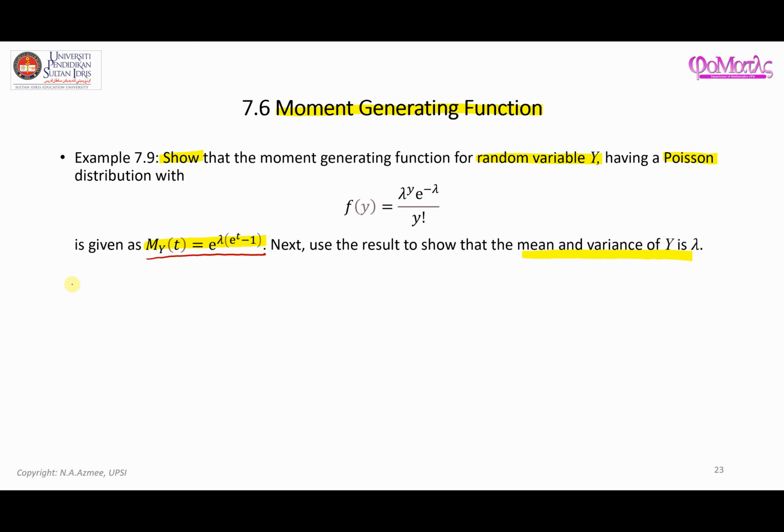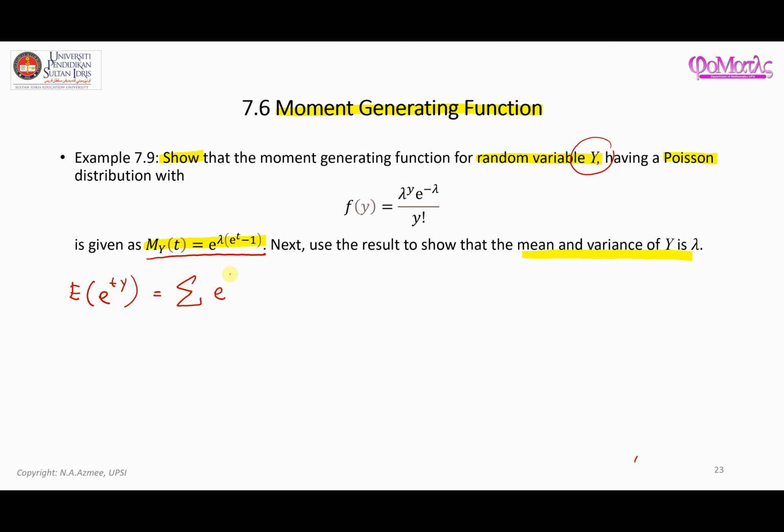So without further ado, we are going to start off with demonstrating that the MGF, moment generating function, is indeed as such, and our starting point is going to be finding the expected value of e to the t y. So y is our random variable, and we know that it is a discrete random variable, and therefore you are going to deal with the summation process.